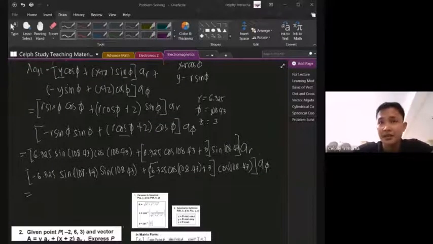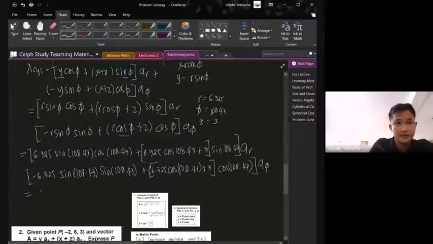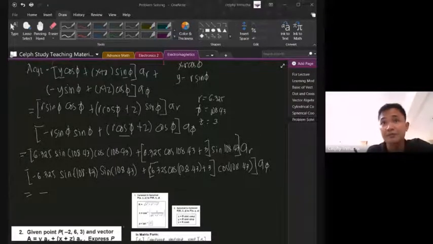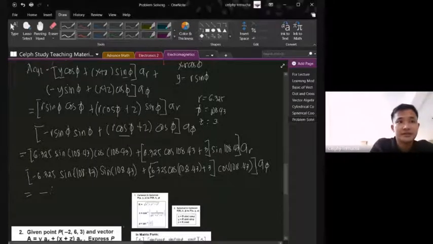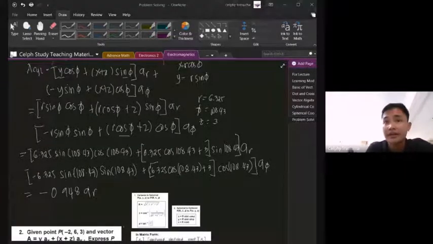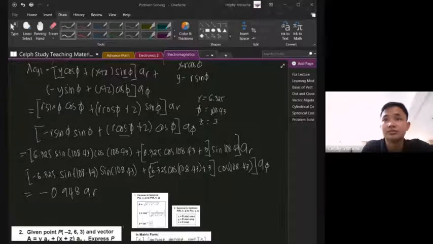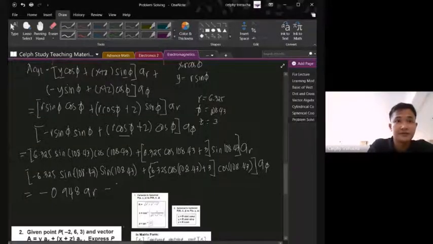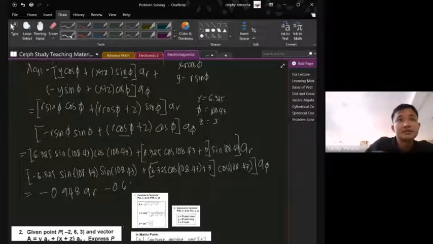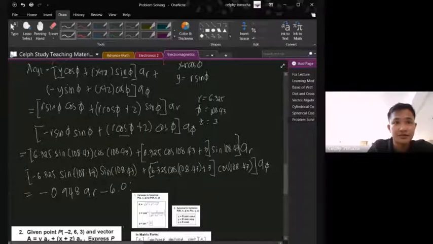Okay, so bilay nyo answer para sa A R. So para sa A R, we have negative 0.948 A R. And then para sa A phi, this is equal to negative 0.601, or negative 6.01 gilayman, minus 6.01 A phi.